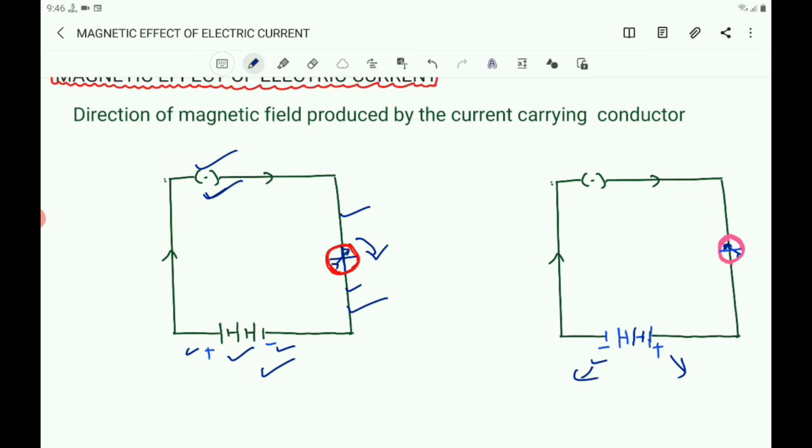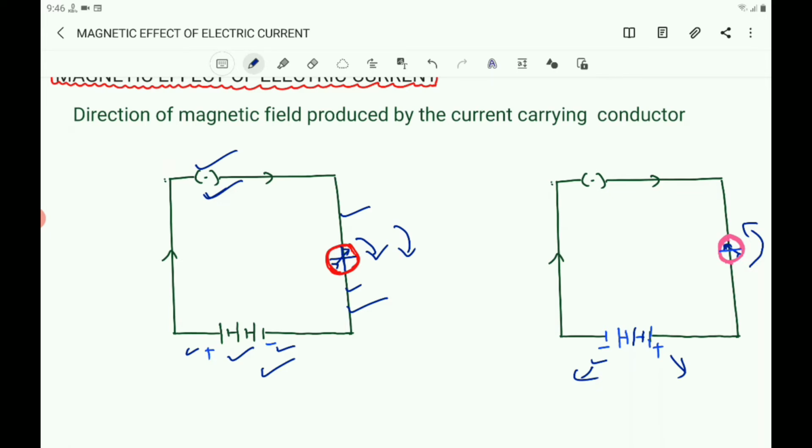You can see that the needle moves in the opposite direction. See here. In the first case, the needle moves in this direction. In the second case, the needle moves in this direction. Here, the needle moves towards the west.